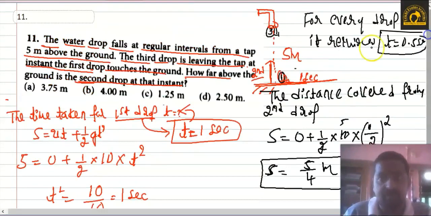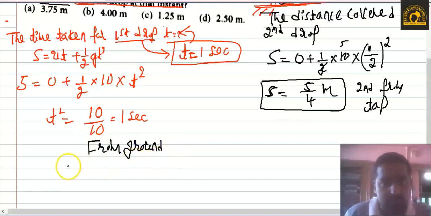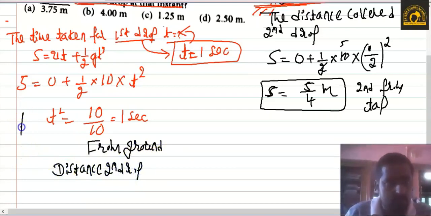But the question asks how far from the ground is the second drop. So the total is 5 meter. The second drop covers, in 0.5 second, 5 by 4.